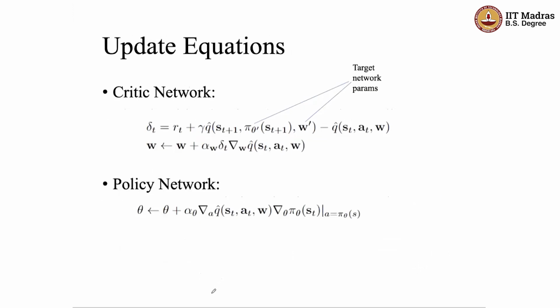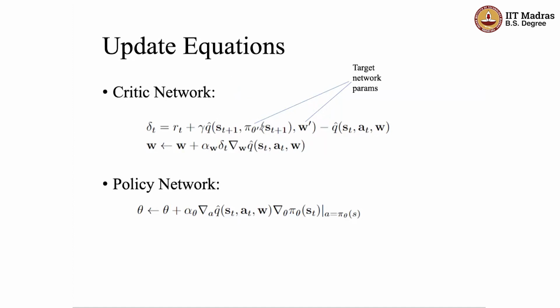Now, here are the update equations. This is the critic network. Notice that here the critic uses the target network parameters, just like you use in DQN.